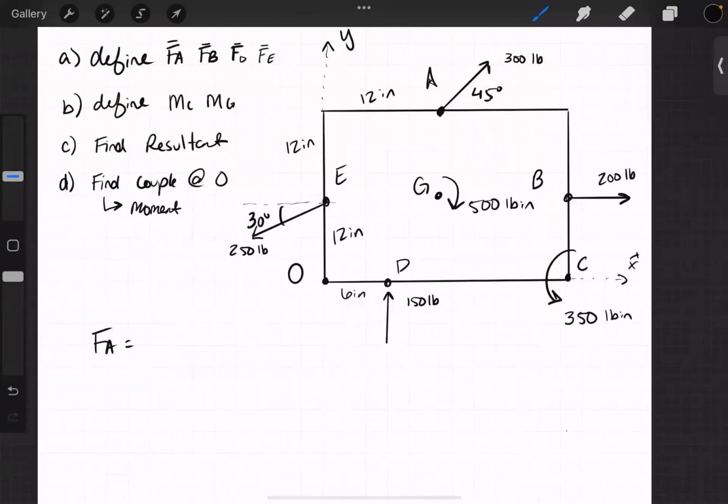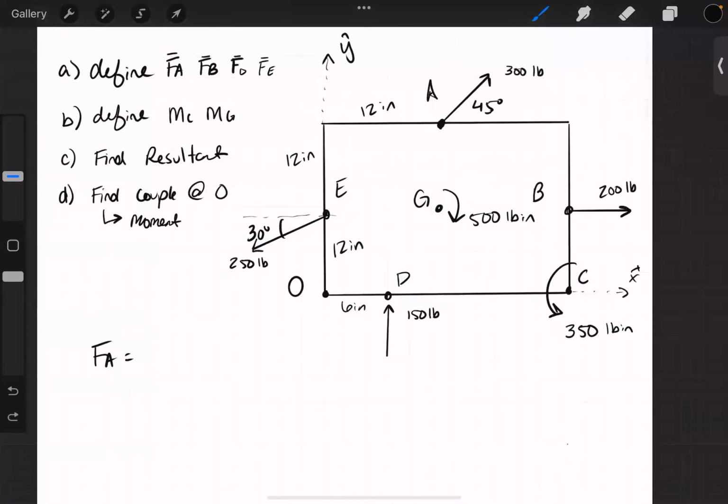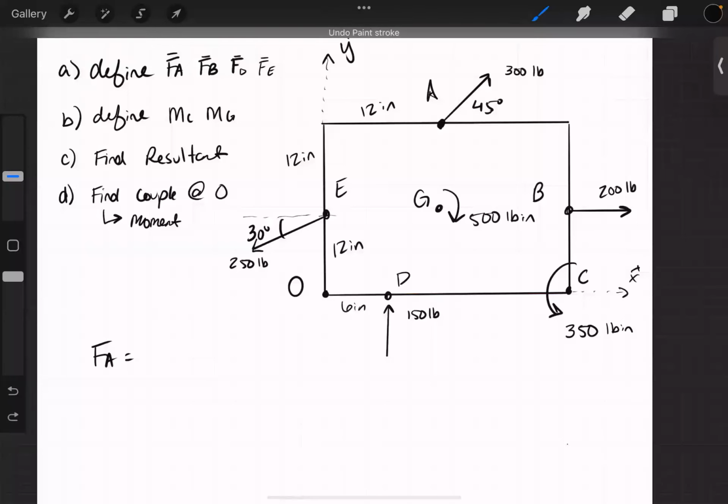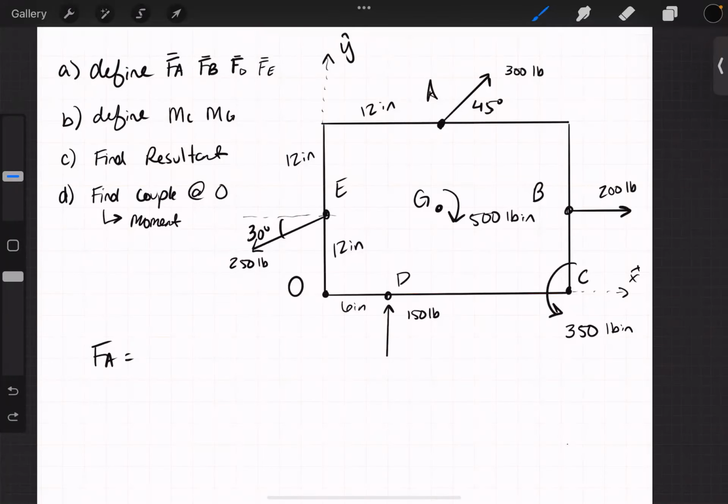For force A, which is on top, this is 45 degrees. So cosine 45 in the X, sine 45 in the Y. With our coordinate system, positive being horizontal to the right, Y being vertical, this is going in the same way as the coordinate system in the X and the same way in the Y, therefore it is positive. And I'm pointing that out, not because I don't think you can figure out it's positive, but sometimes it's easy to drop when it's negative.